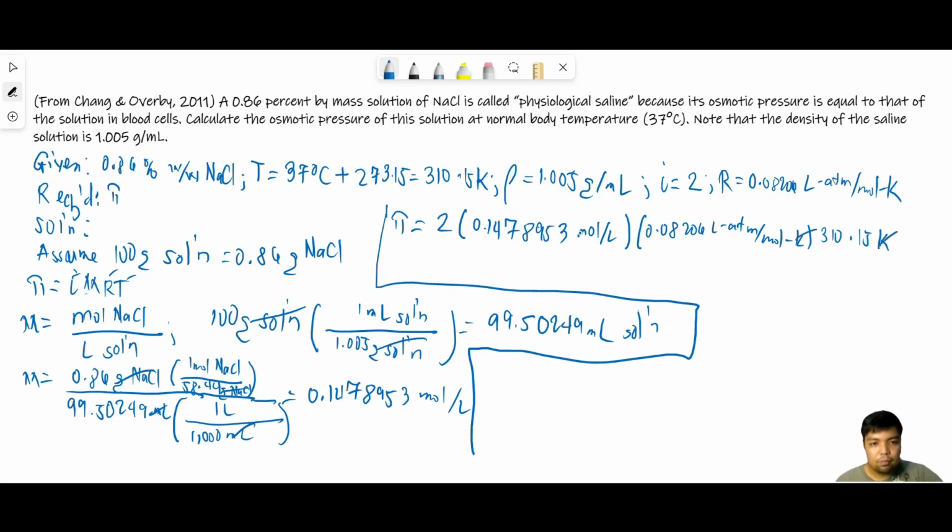Cancel. Cancel. So this will also cancel out. Thus, the osmotic pressure is equal to, rounded off to 4 significant figures, 7.528 atmosphere.